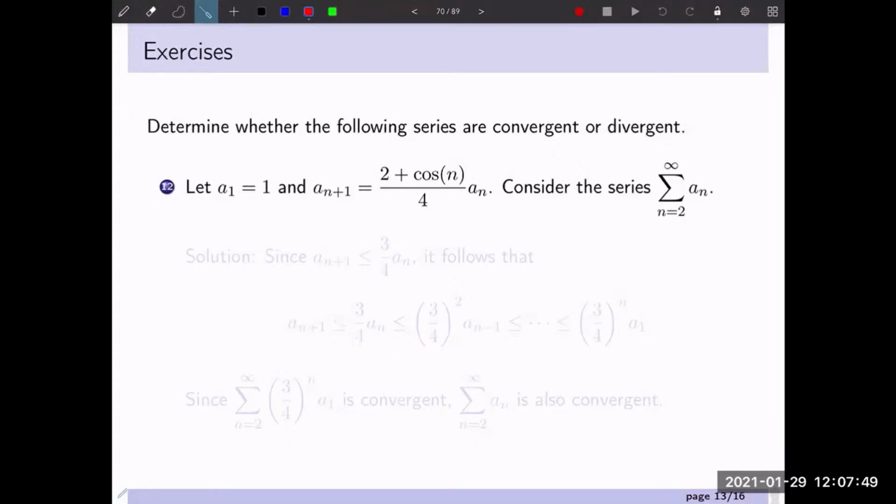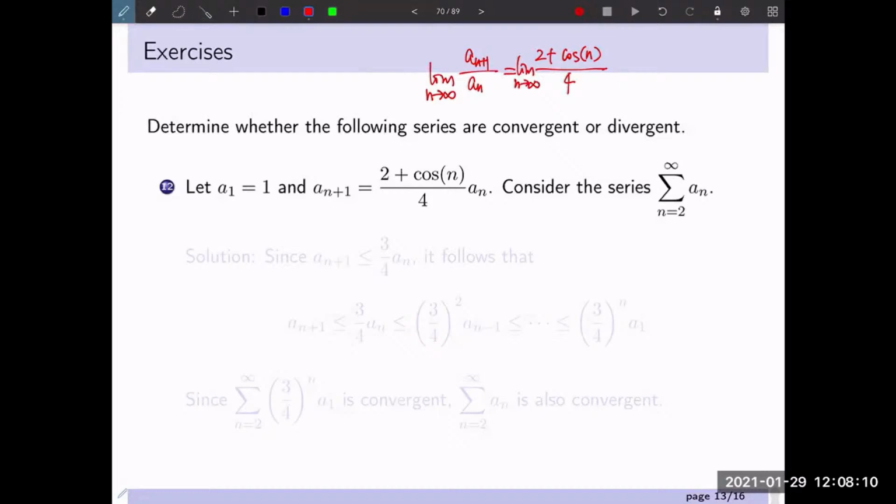Okay, so if you directly use the ratio test, you consider the ratio between the next and current term. Well, this would not work because the limit doesn't exist.